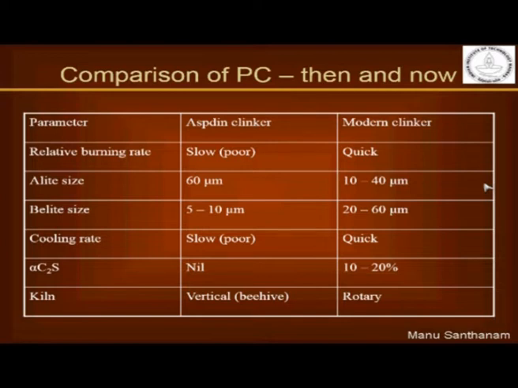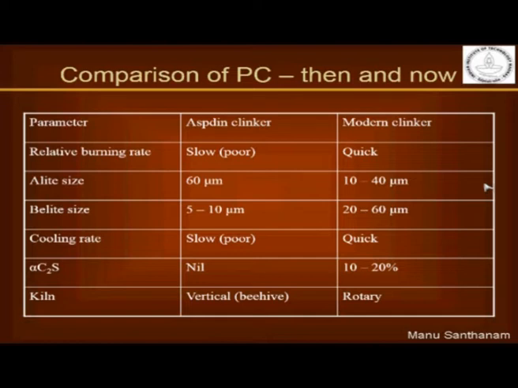So the material that is used for preparing the brick is charged into the kiln, and then you have the heating source from below, and then once the burning is completed, you retrieve the material, take it out, and that's your cement. So in modern kilns, of course, we use a rotary kiln. In the rotary kiln, you feed the material at one end and it simply rotates in the kiln and comes out at the other end. So that's basically ensuring that you have almost a continuous process of manufacture.